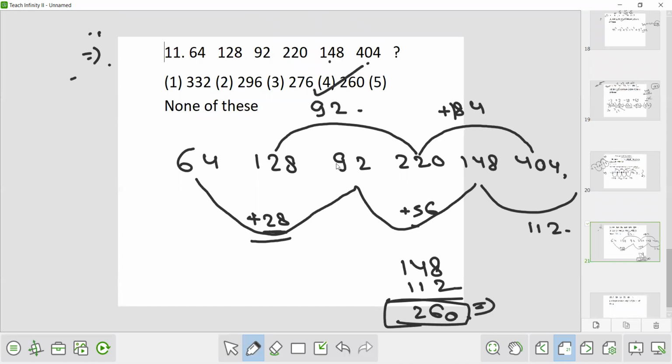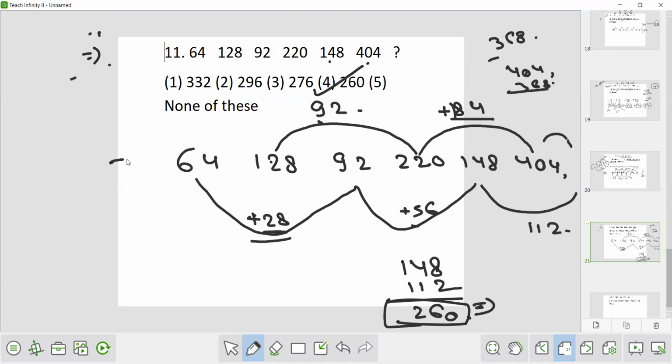If we have to find further, the next number on this alternate series, that is 128 and 220, 92, then 184, twice of 184 will be 368. So you will add 404 to this 368 if the question is on this series.